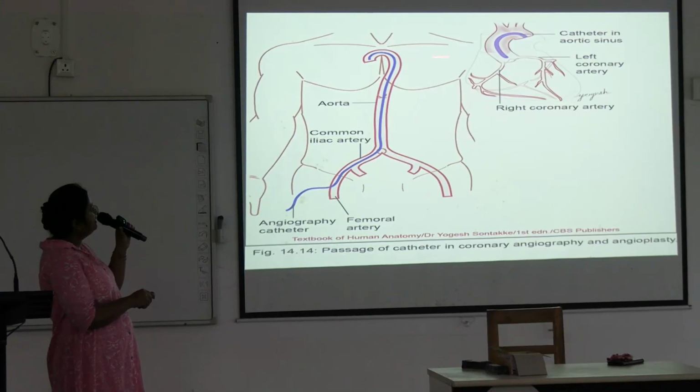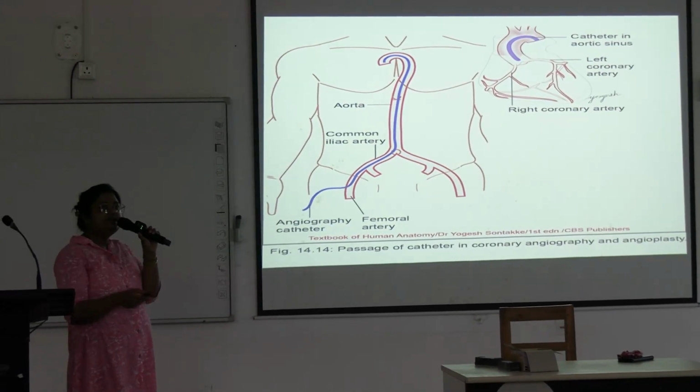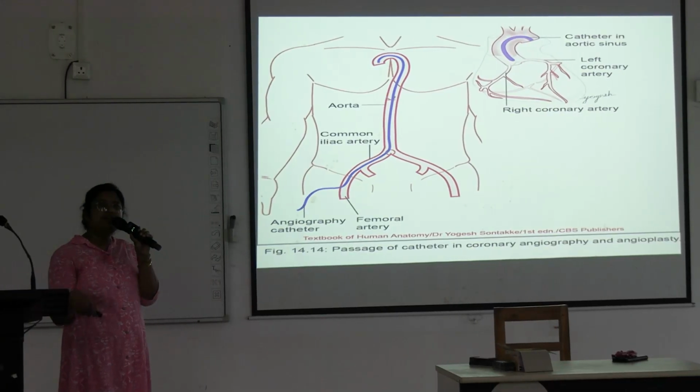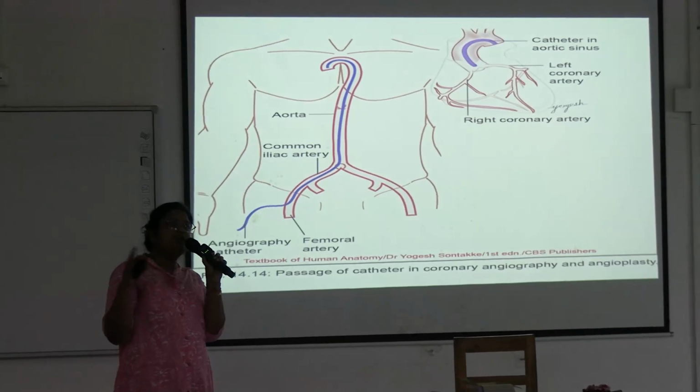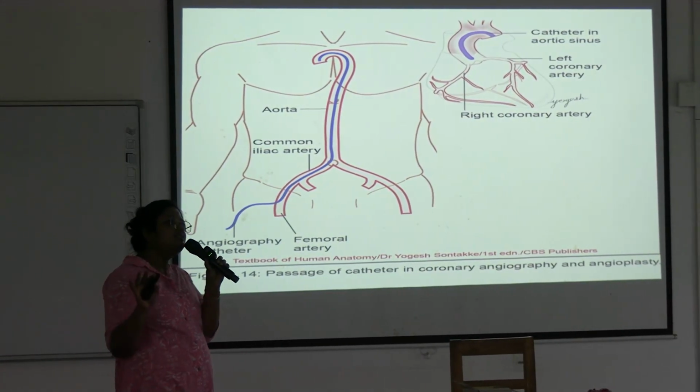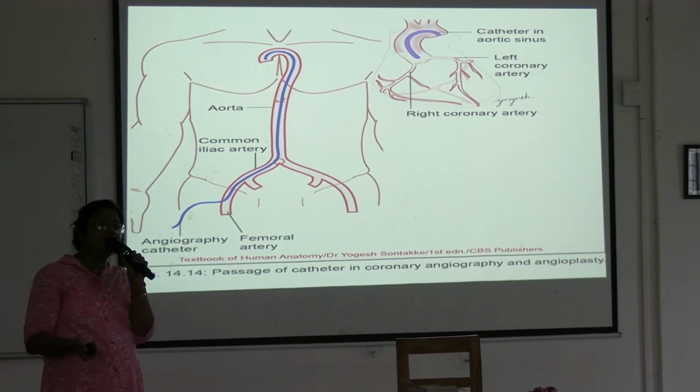Here from the ascending aorta, it can enter into the coronary arteries and go towards the place of blockage, and it will push the dye during the angiography, and it will place the stent in case of angioplasty. Okay.